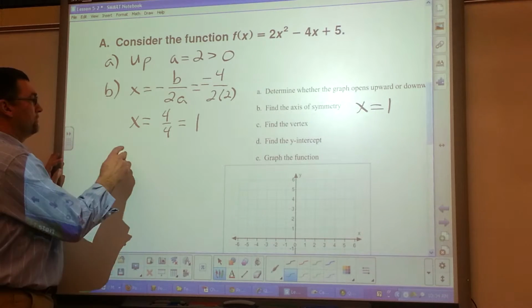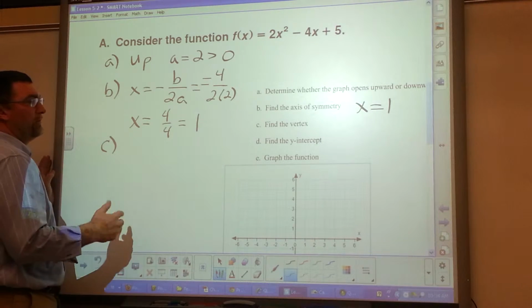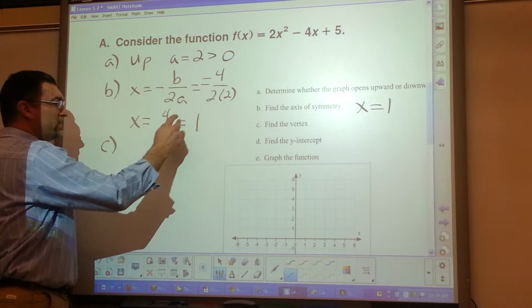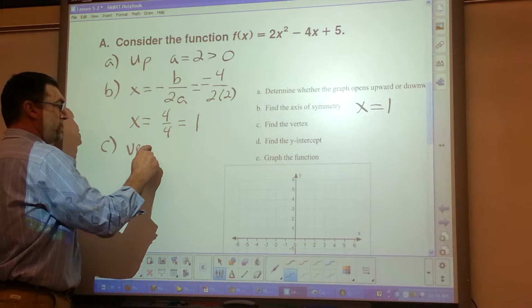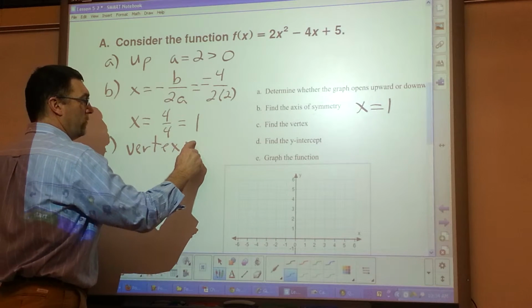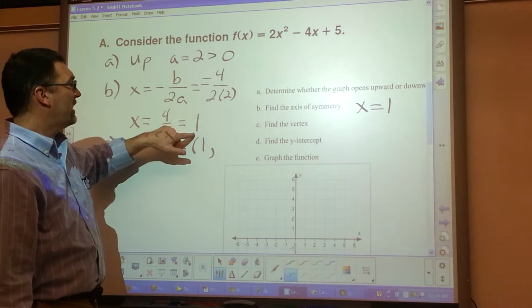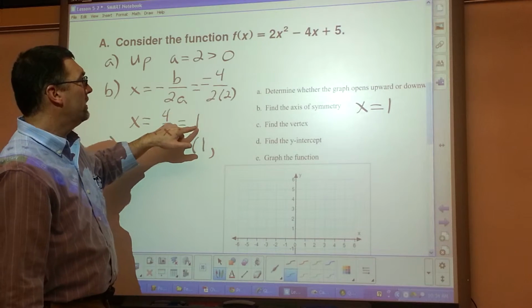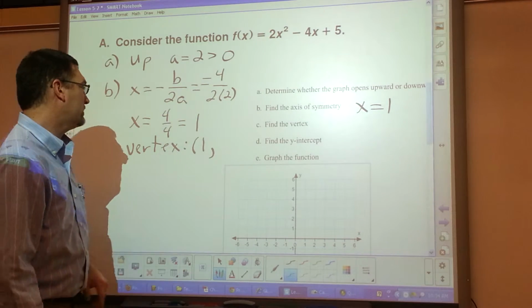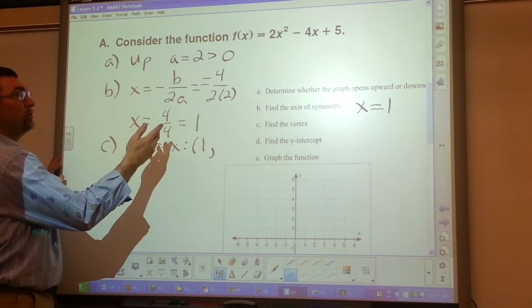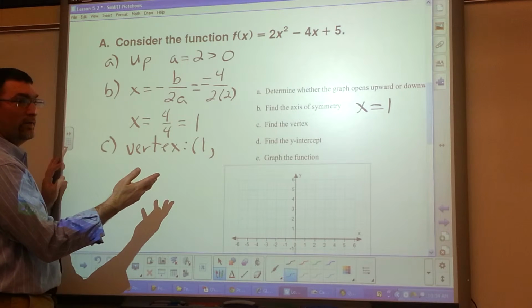The vertex, okay, letter C. To find the vertex, here's the x value for the vertex. We have 1 and some other number. To find that other number, I just take the number 1 and put it in for x. So I'm now finding the value of k.